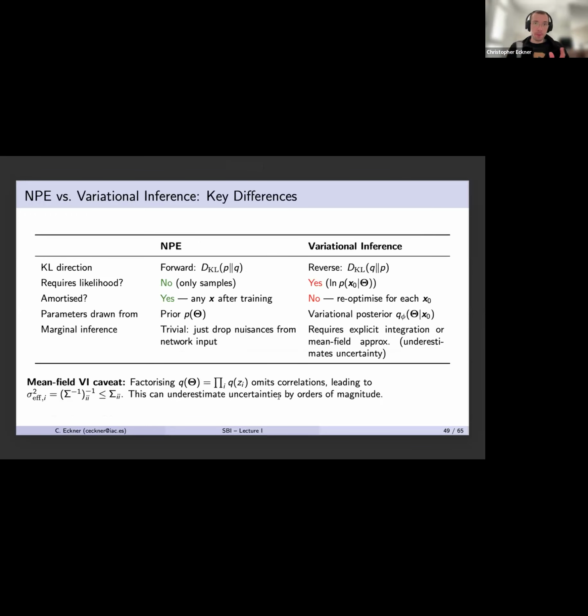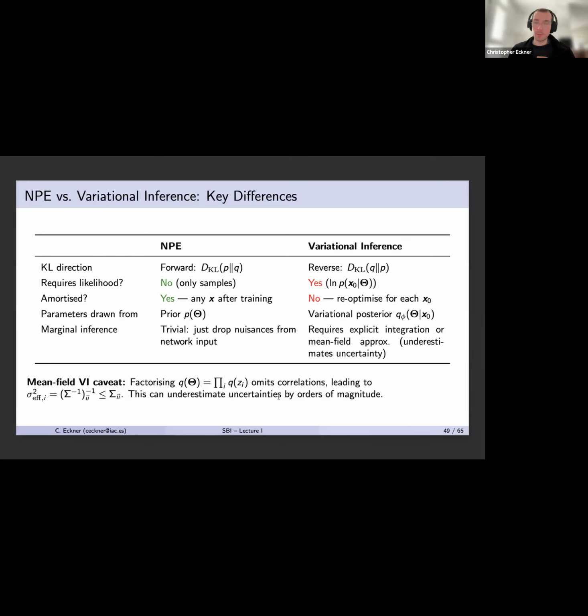To sum up this comparison, the neural posterior estimation approach uses the forward Kullback-Leibler divergence, where you want to directly approximate your posterior, which you don't know, and you define a density estimator in terms of a neural network that is supposed to approximate this true posterior. For variational inference, you do the reverse.